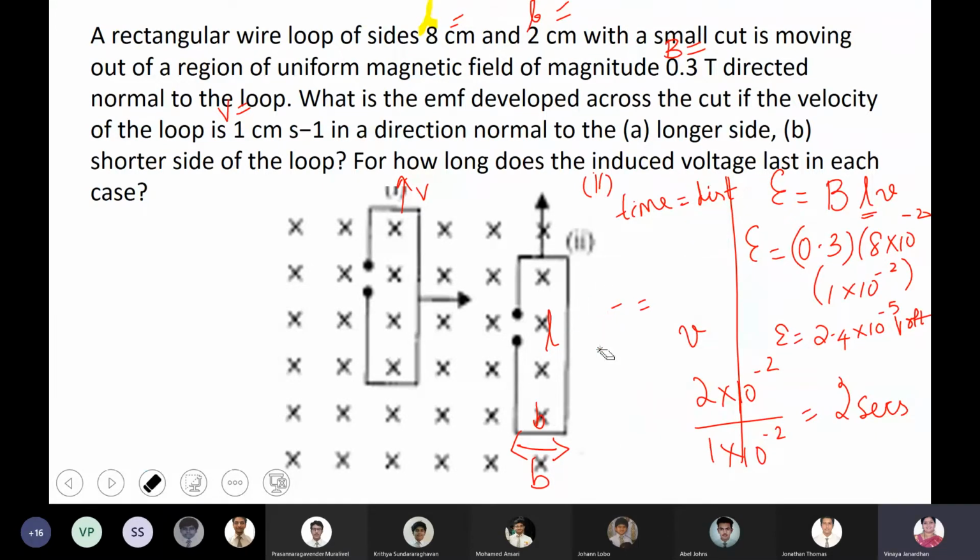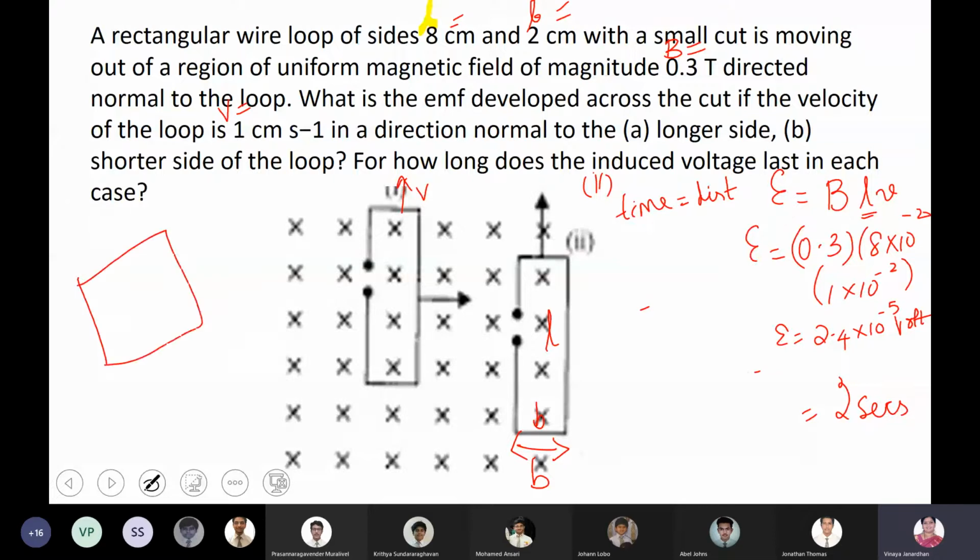Boys, now the question is, look at the loop. The loop is at the edge of the magnetic field. So when the loop is moving out of the magnetic field, suppose I have a magnetic field like this. When the loop is half the way outside the field, still magnetic field lines are there.